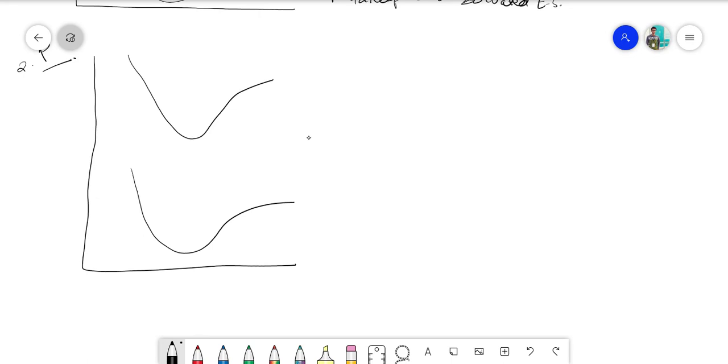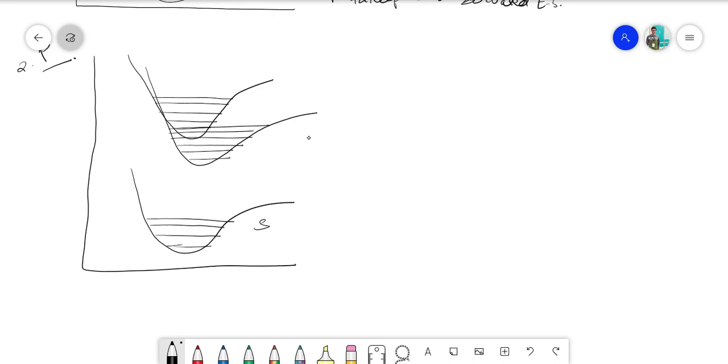You have this, and these are your energy levels, and these are the energy levels of another state.